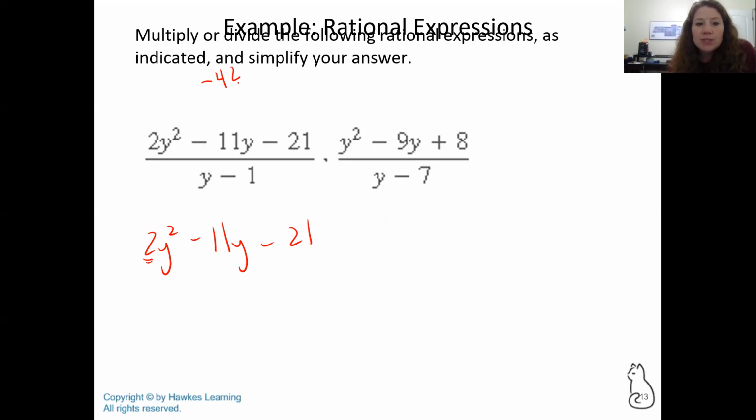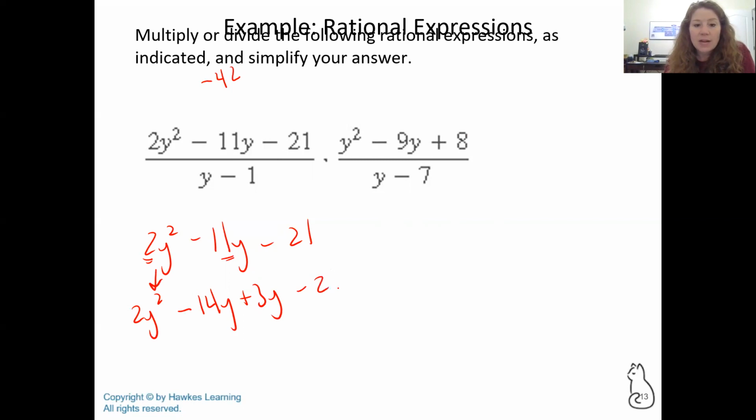So we need two numbers that multiply to give us -42 and add to give us -11. So that would be what? 42 divided by 3 is 14. So it's going to be 3 and 14. So we're going to bring down our first term. And we're going to bring down -14y plus 3y. Y'all agree that's -11y.